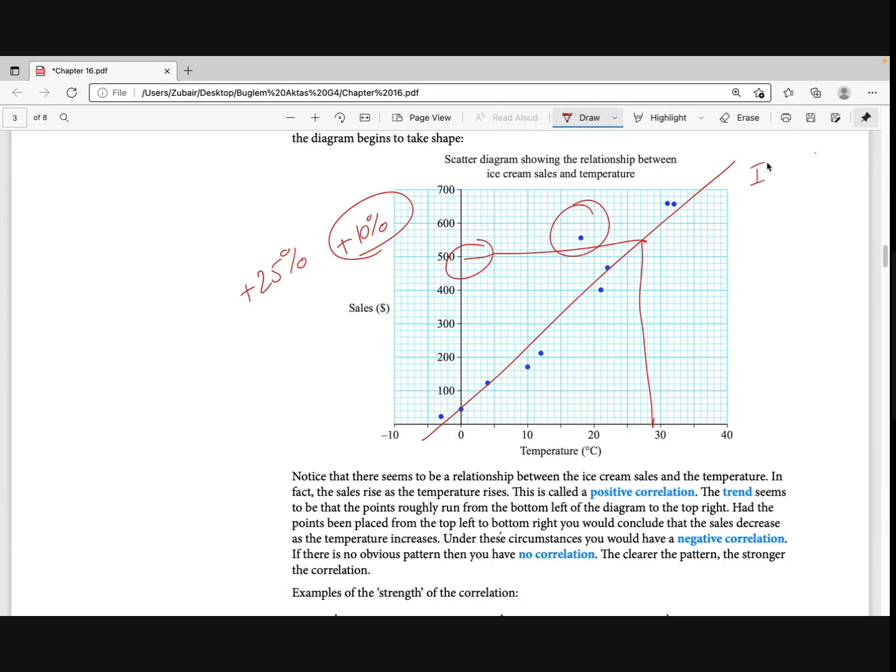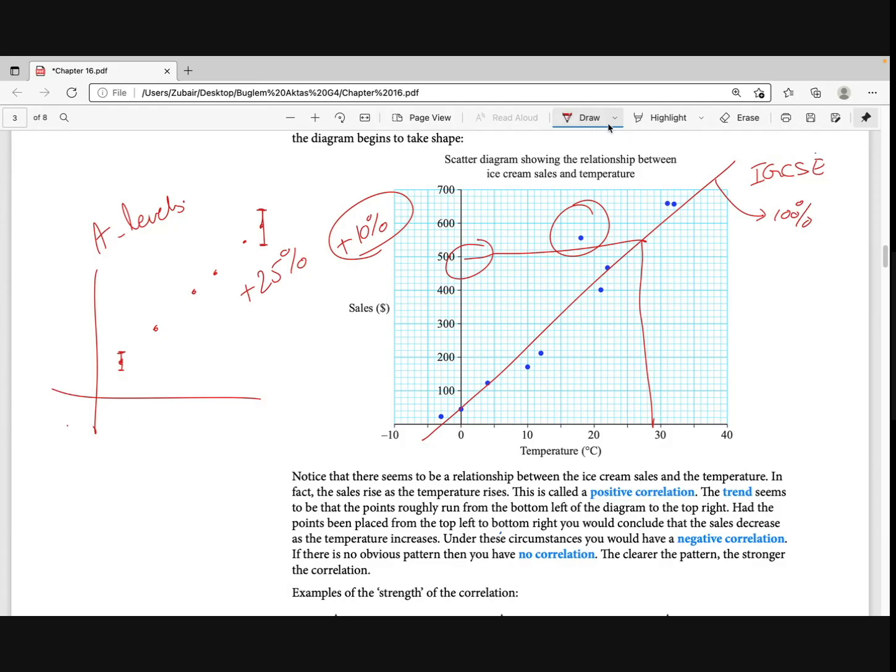For IGCSE, we would follow the line 100%. For A levels, and that too in physics, this topic is not in mathematics, we actually have these points, and then we have the upper bar and the lower bar for every different point.